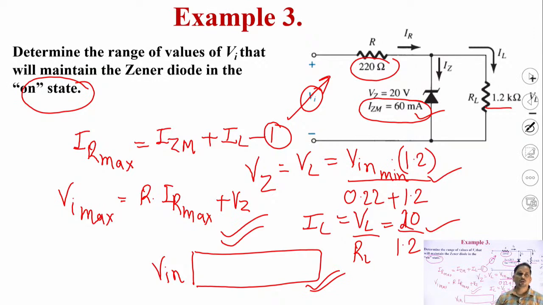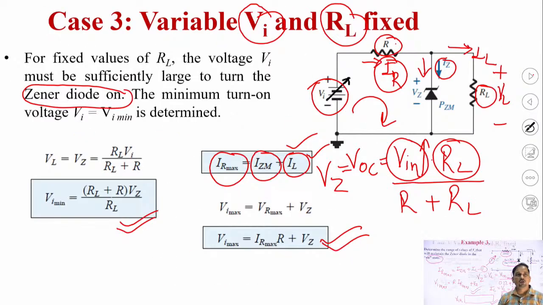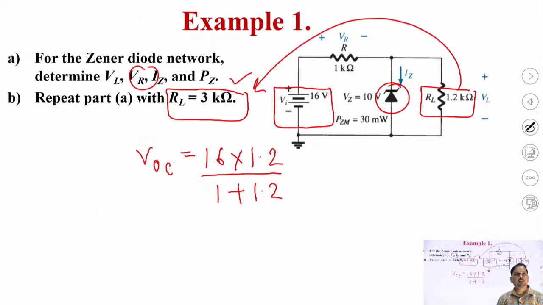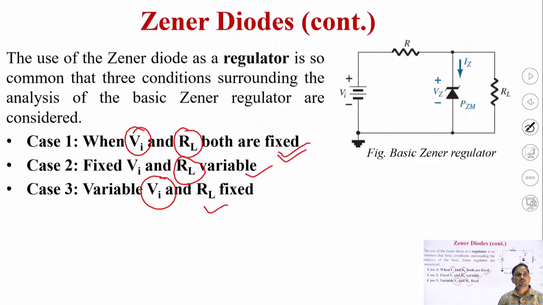So this case is also important. Case number 2 and case number 3 are quite important. Case number 1 is based on the investigation. So here we have seen all three possible cases associated with the Zener diode. This is important here, case number 3 and case number 2.